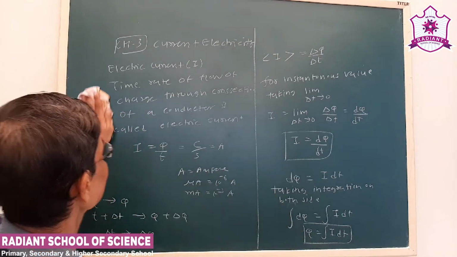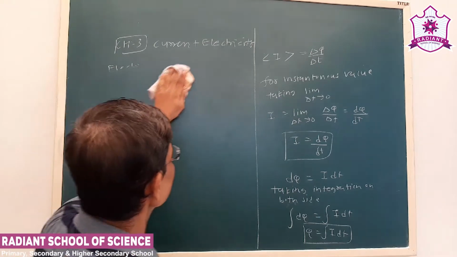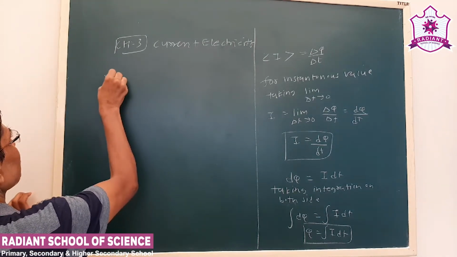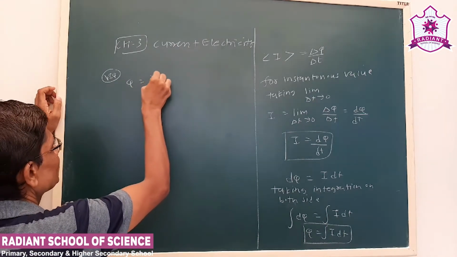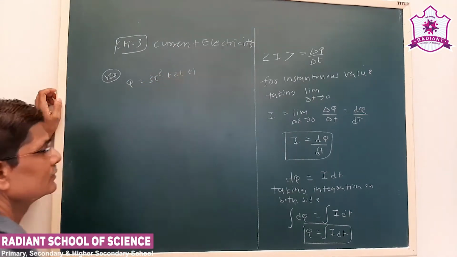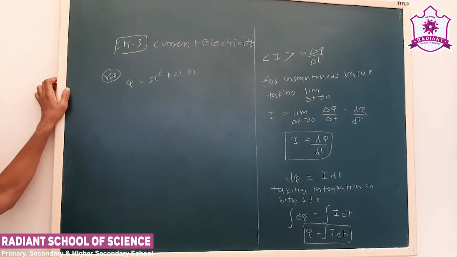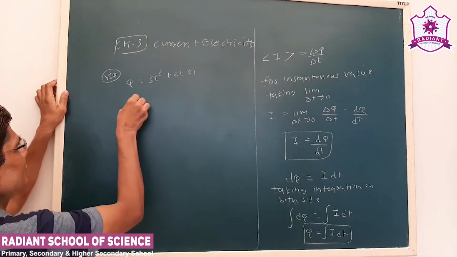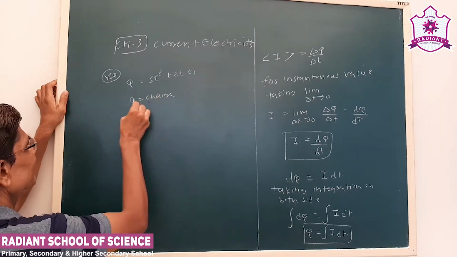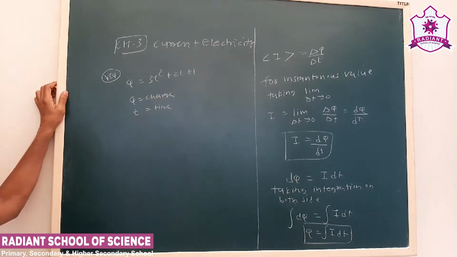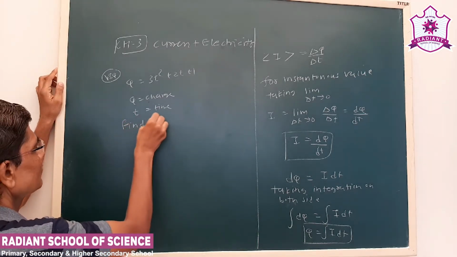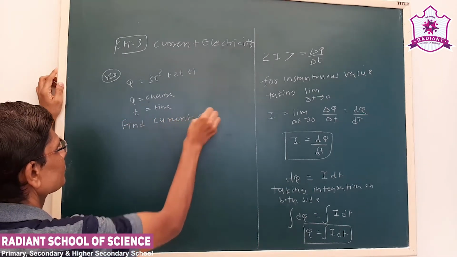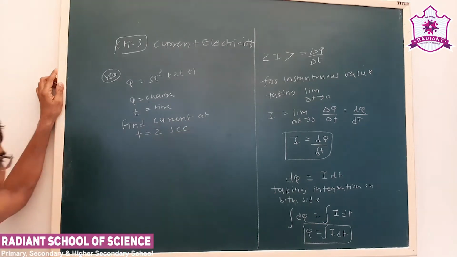Now we take a simple example. This can be asked in MCQ. Suppose it is given that Q is equal to 3t square plus 2t plus 1. There is a relation between charge and time, Q is charge and t is time. Now find the current at t is equal to 2 seconds.